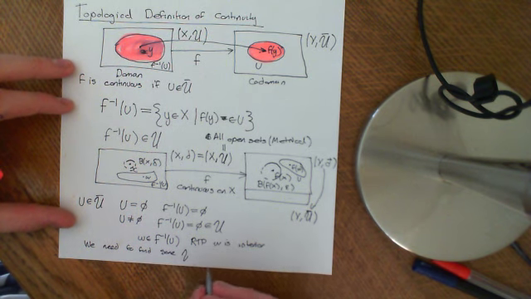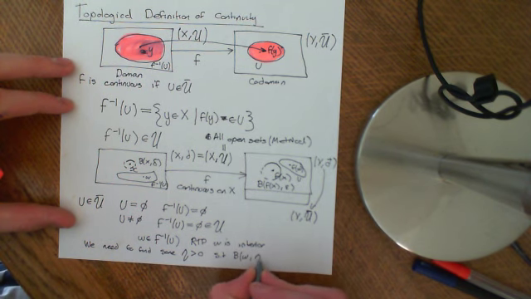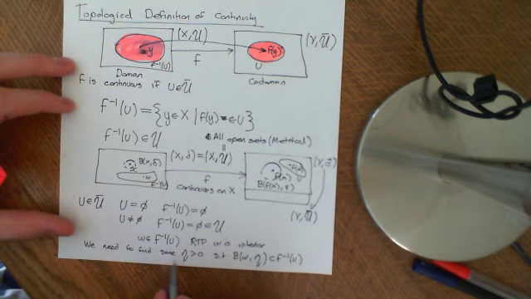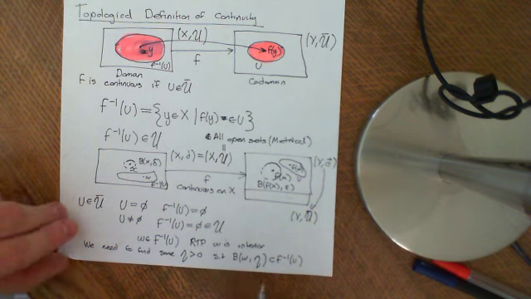We need to find some eta greater than 0, such that the ball around W of radius eta is completely contained within f inverse of U. That would mean that W was an interior point in f inverse of U, and that would mean that f inverse of U was going to be open.